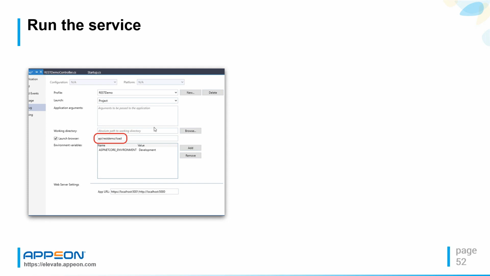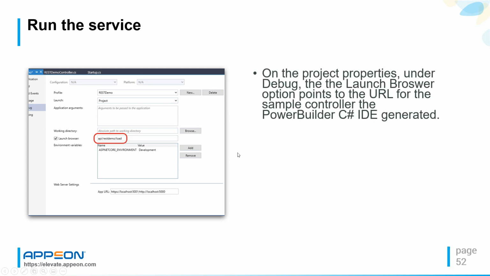There's a value provided by default when the C# IDE created the target, but it's not the one we want. So I'm going to change it so that it calls the load method whenever I run the service out of the IDE.